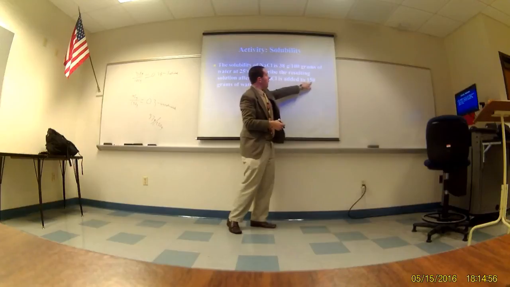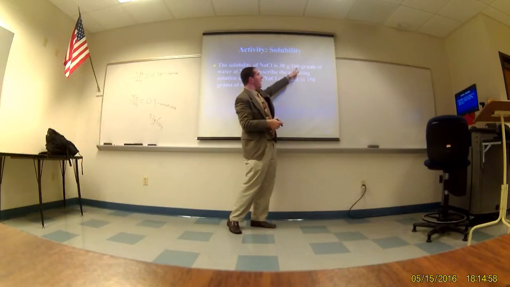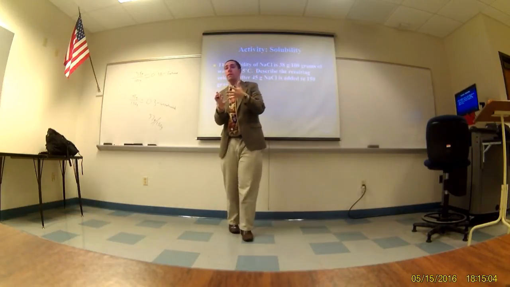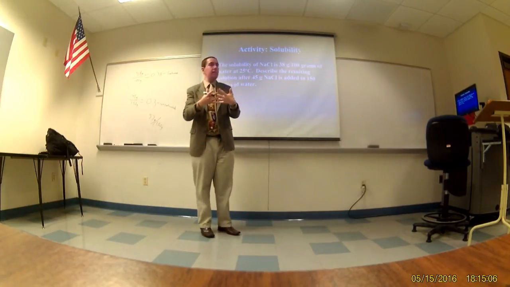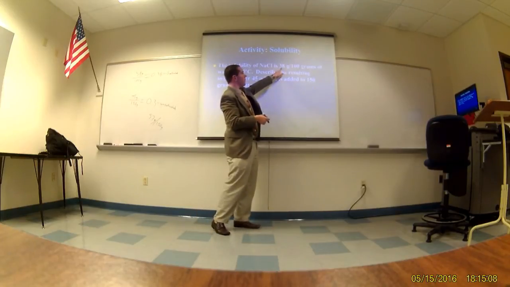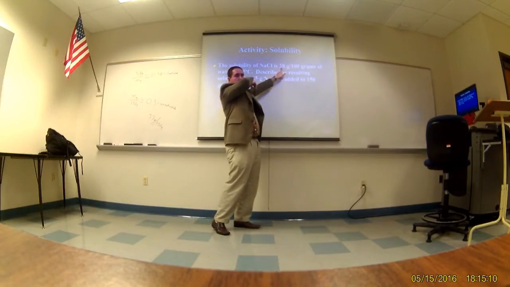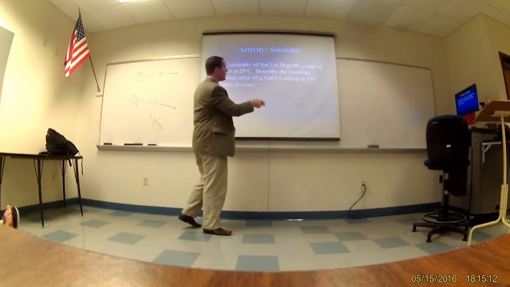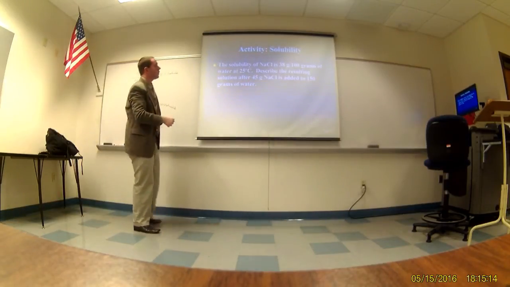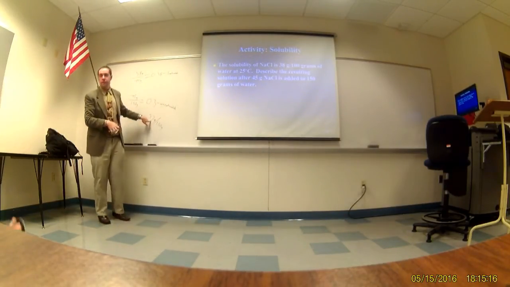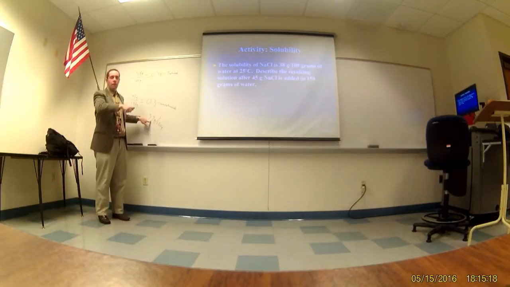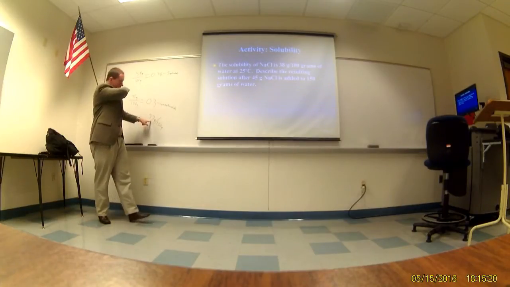So 150 is 1.5 times that. So you could take 150 divided by 100, and you're going to get 1.5. And whichever number you get, you then have to multiply your 38 by. So in this case, you got 1.5, multiplied by 38, you got 57.